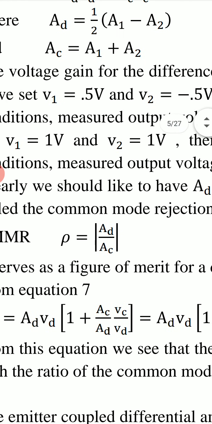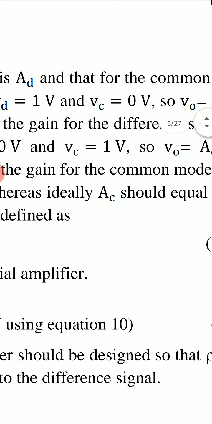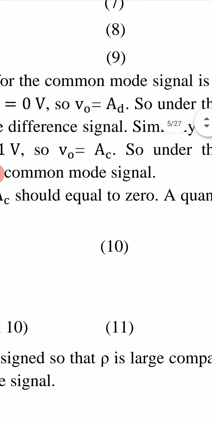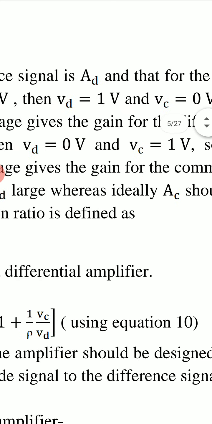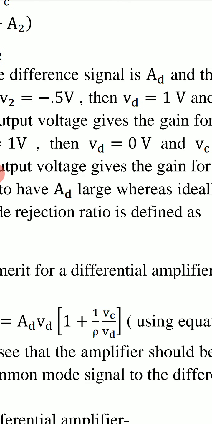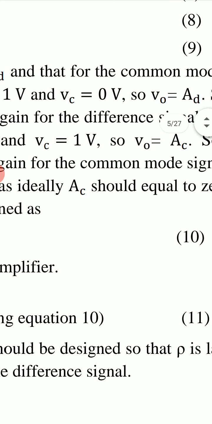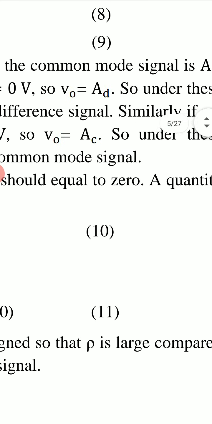Clearly we should like to have Ad large, whereas ideally Ac should equal 0. Voltage gain for difference signal must be large, and voltage gain for average signal, that is common mode signal Ac, must ideally be equal to 0.